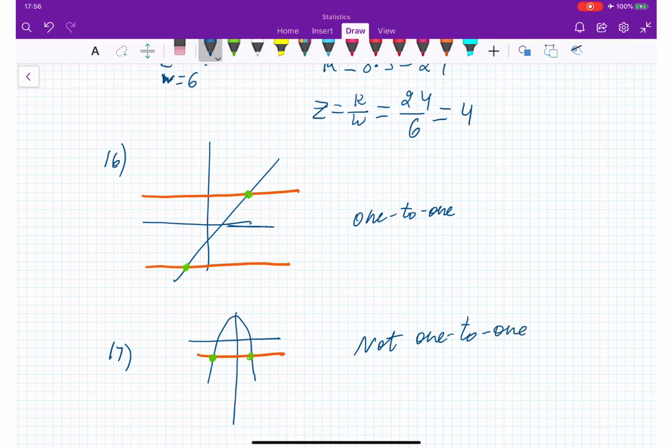So this is not a 1 to 1 function because the horizontal line is crossing more than one point.